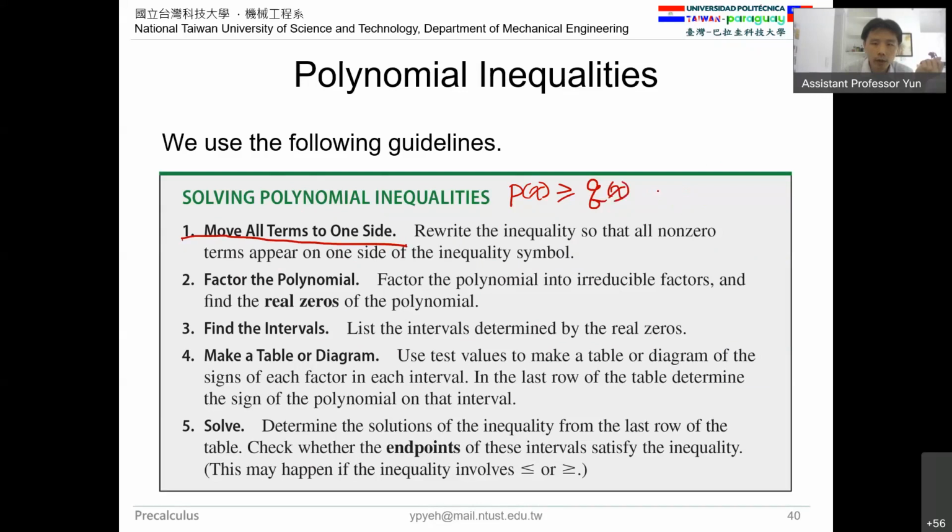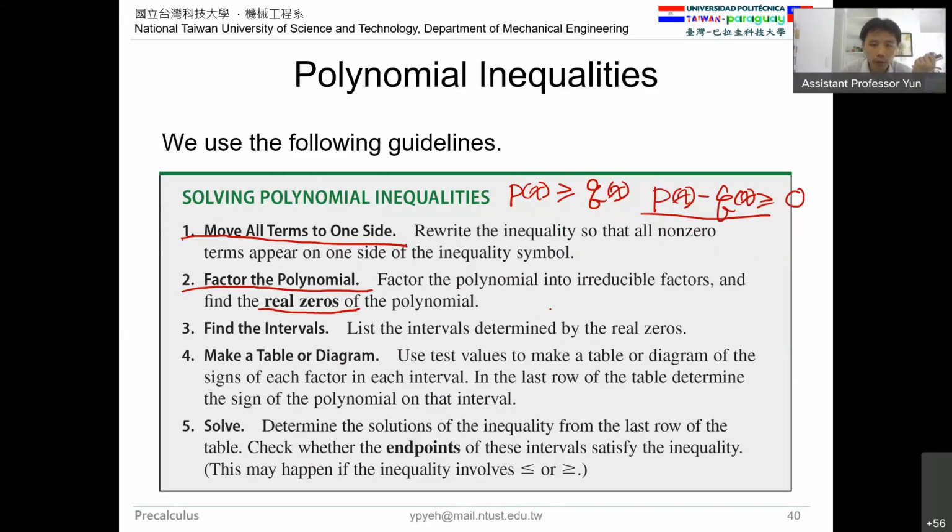So we simply subtract q(x) from both sides, and then the right hand side becomes 0. And then we can do further evaluation of these polynomial functions.